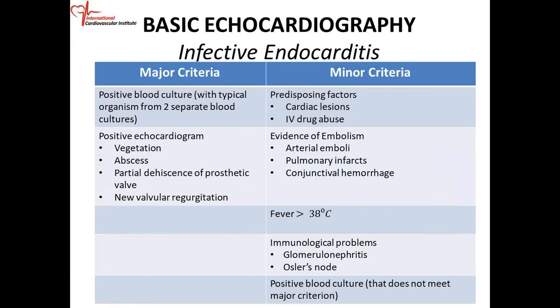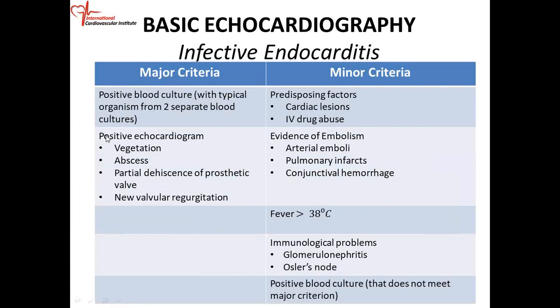When you do a blood culture, you take some blood from the patient and you put it in what we call a culture medium, which is usually a bottle or a tube with a broth, a solution which promotes growth of certain organisms. So it has to be at least 2 separate blood cultures, and we talk about multiple sites as well. So positive blood culture is one of the major criteria.